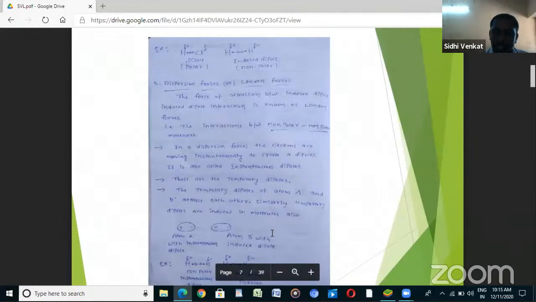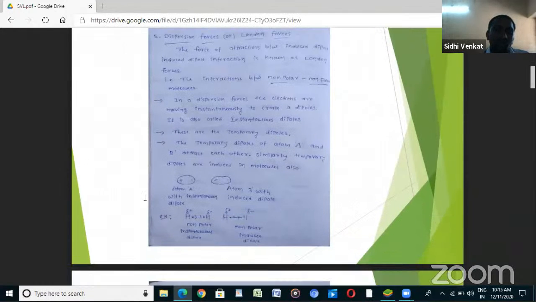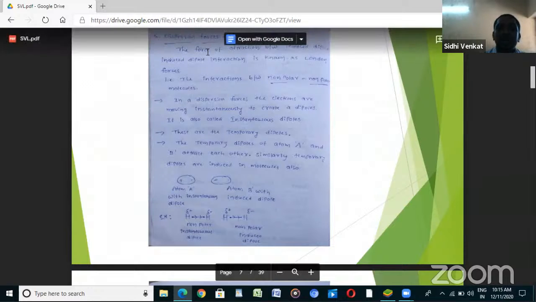Here, taking the pair, atom A with the instantaneous dipole having the positive and negative charge, atom B with the induced dipole having the positive and negative charge. The force of attraction between atom A and atom B, instantaneously creating dipoles, is called dispersion forces or London forces.